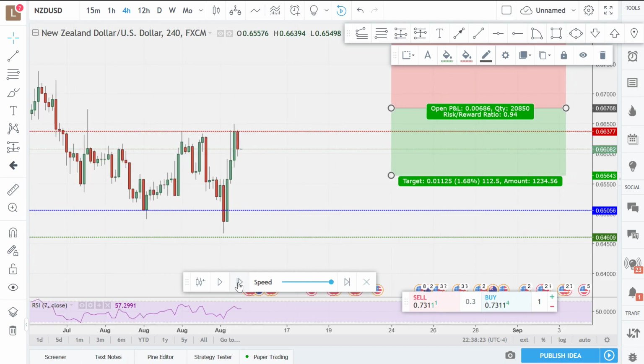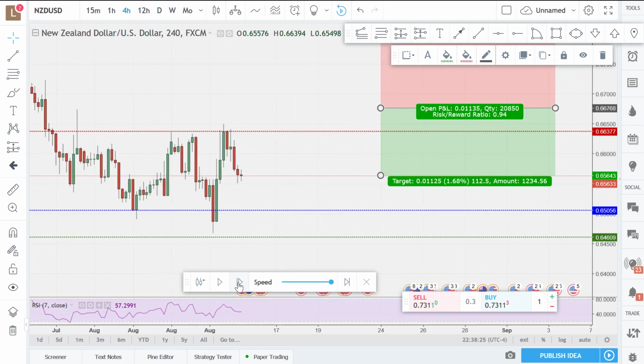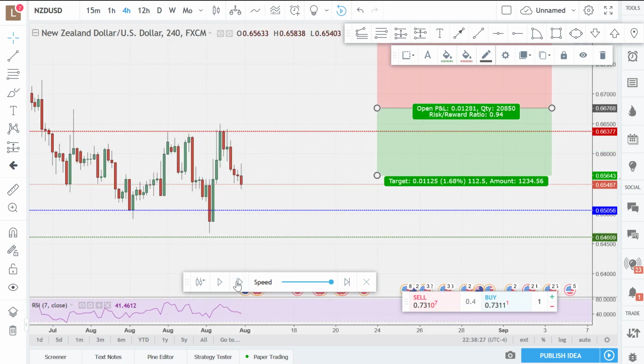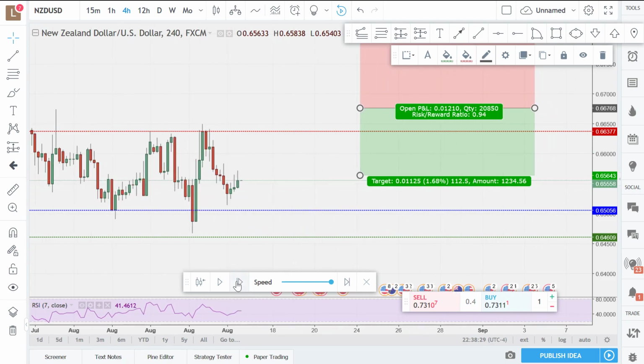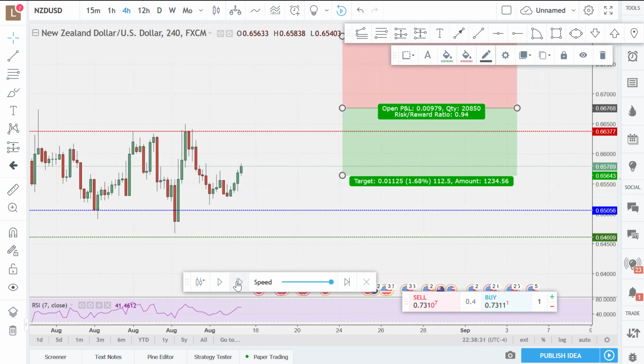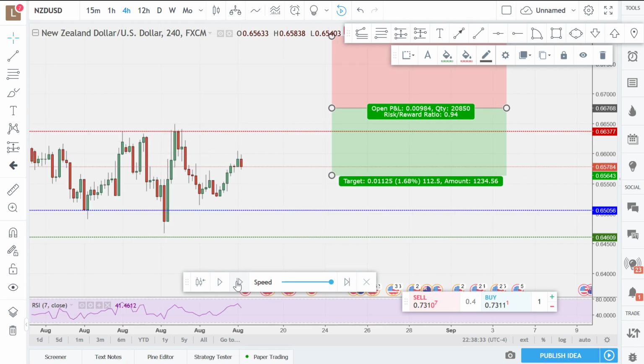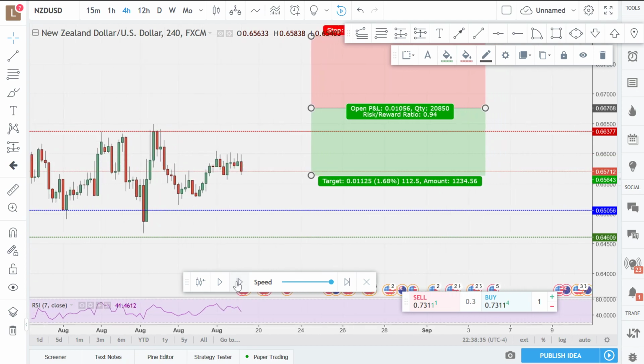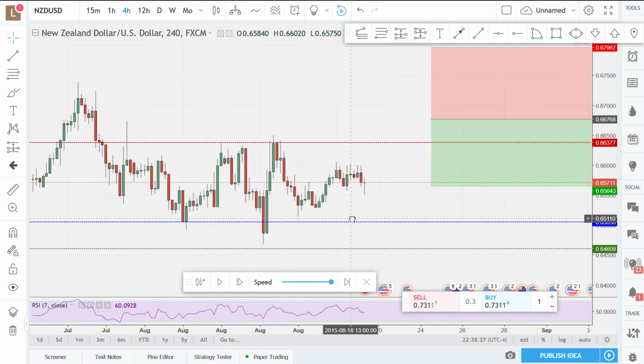Let's see. See the zone here that's been trading in this zone here, even though it kind of popped down over it and it came up. We're just in this trading area.